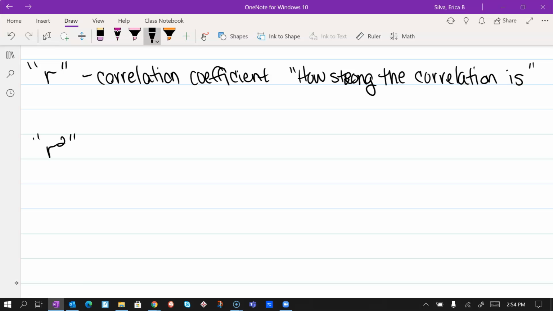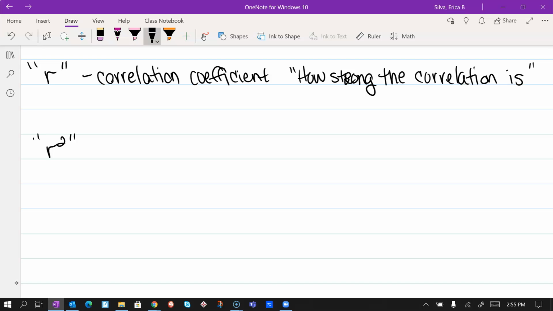Now, what R squared tells us is the percentage of points that will fall on the line. So let's say the number is 50%, then that means 50% of those data points will be on that line.